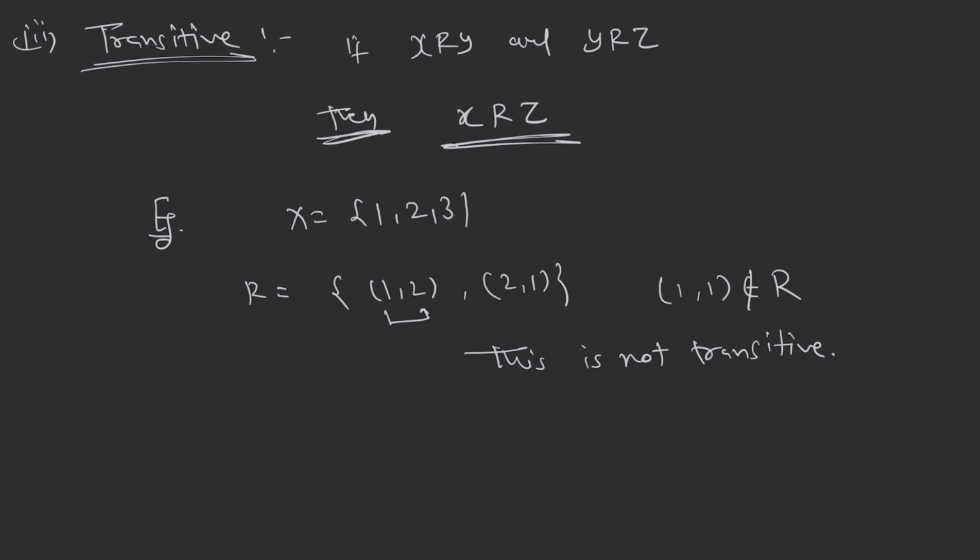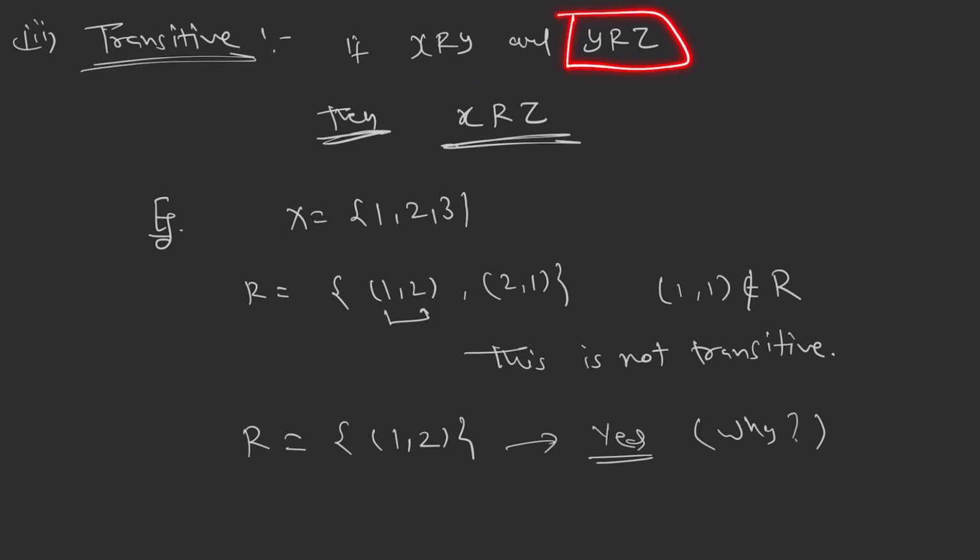But you can see that (1,1) is not there in R, so this is not transitive. Now let R equal {(1,2)}. Is this transitive? Yes. Why? Because for transitive, if x is related to y and y is related to z.